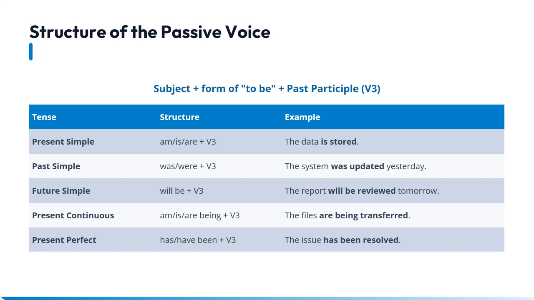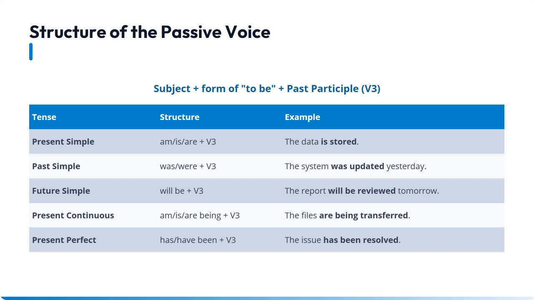Okay, so whenever the sentence is in present simple, that is to say the action is done in the present, we use the verb to be in present simple plus the past participle of the verb. For example, the data is stored.